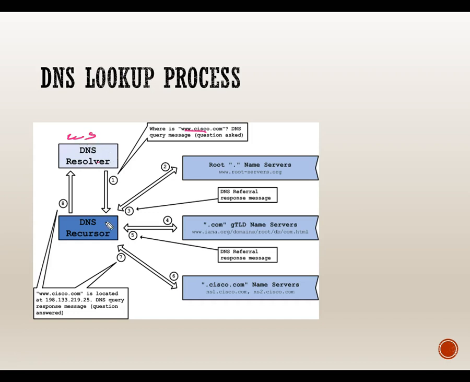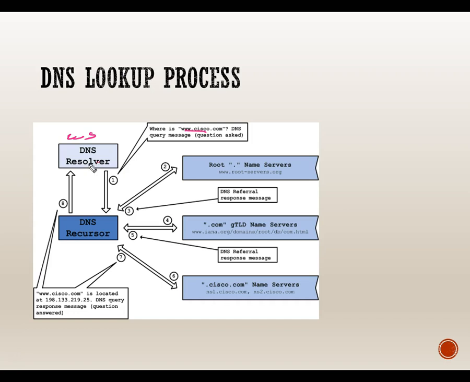So we send it to our DNS server, whatever it may be. Maybe a local server, maybe one of the Google servers on the internet, maybe one from our ISP. If that server has an IP address for www.cisco.com, it immediately sends it back to us so that we can go to that IP address. So we're resolving name to IP.